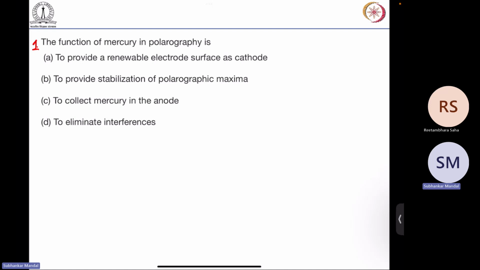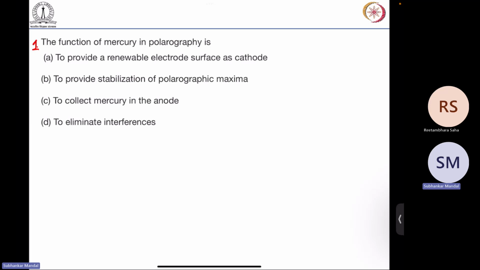Okay, so polarography basically we have discussed I think last class also, and this week also we have learned about polarography. So basically you have a mercury electrode, which is acting as a working electrode, or we can say representative electrode, which can give the information about the redox reaction.